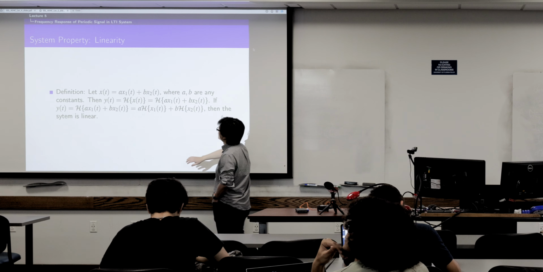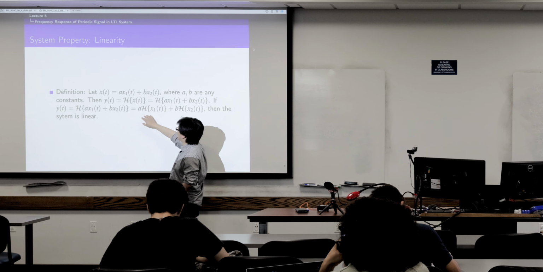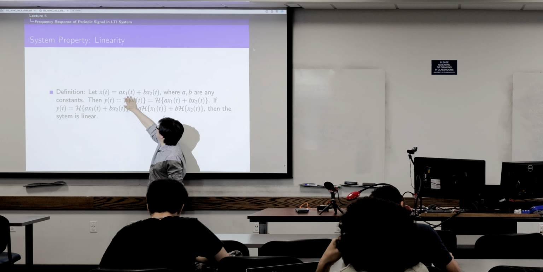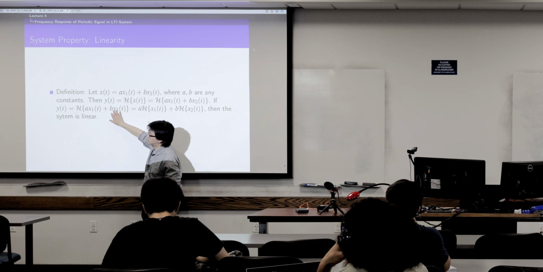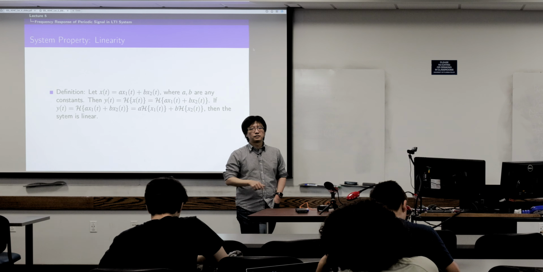If our input signal is a times x1 plus b times x2, and y(t) is given by this, and the output is h applied to the input, where this notation means a signal passing through a system, if this equals this, then we say the system is linear.